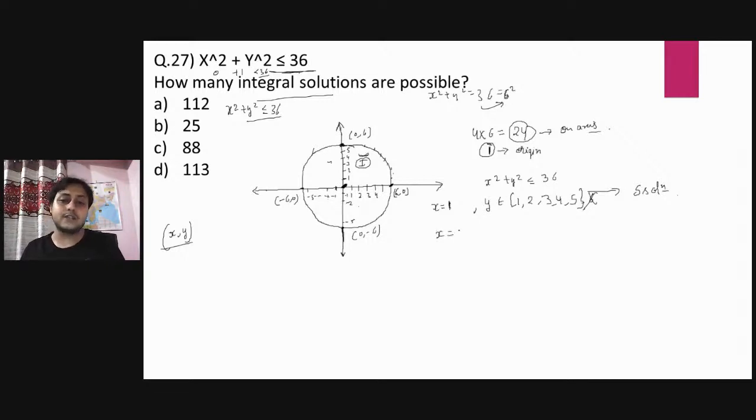Now come to the next point. When x is 2, guys, y can be 1, 2, 3, 4, 5.